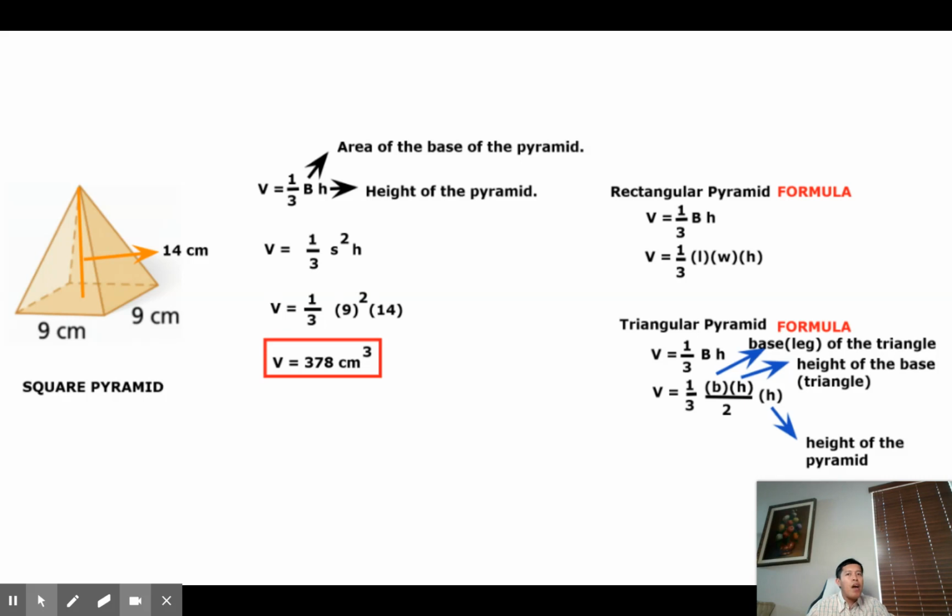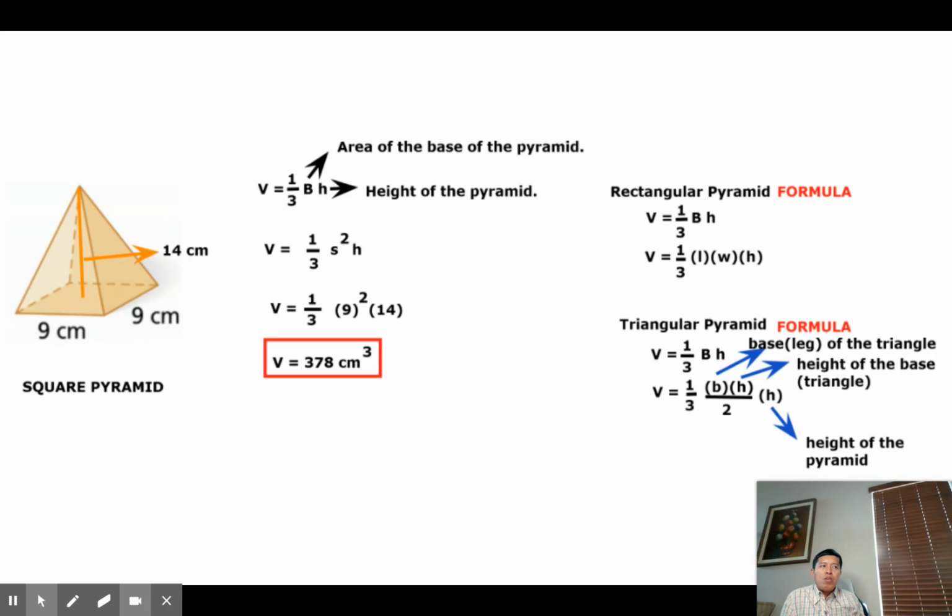Therefore, the base of a rectangular pyramid is a rectangle. The area of a rectangle is length times width. So we will replace that. And our final formula would be V for volume is equal to 1/3 times length times width of the base of the pyramid, which is a rectangle, times the height of the pyramid.